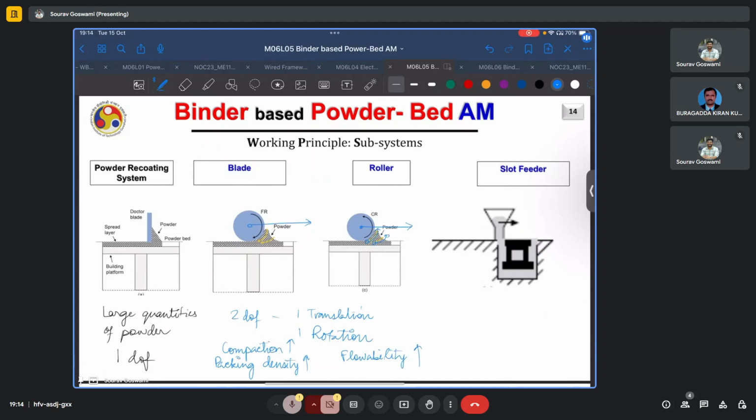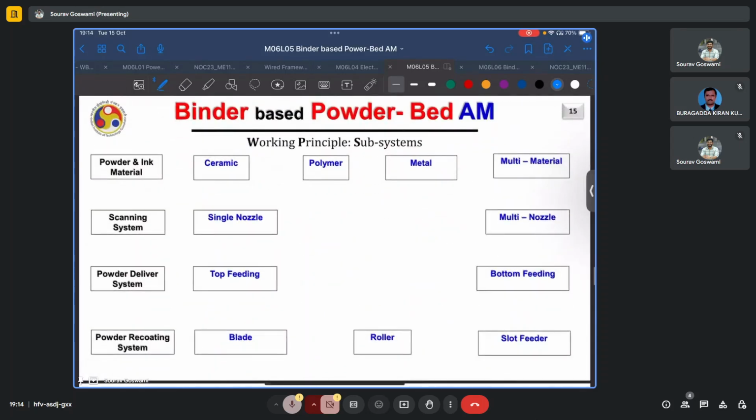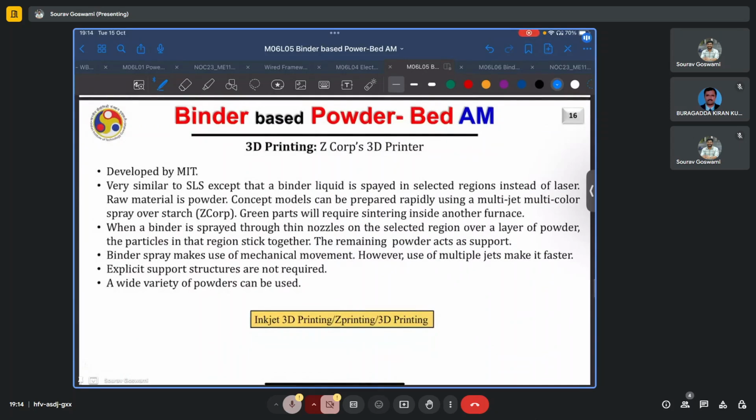Of course, a separate class of recoating system consists of this slot feeder mechanism, which is also commonly used in these binder based powder bed AM processes. Now, depending on the combination of the subsystems, we have the different machines. So one of them, perhaps the most famous, is Z Corp's 3D printer, which was in fact developed by MIT.